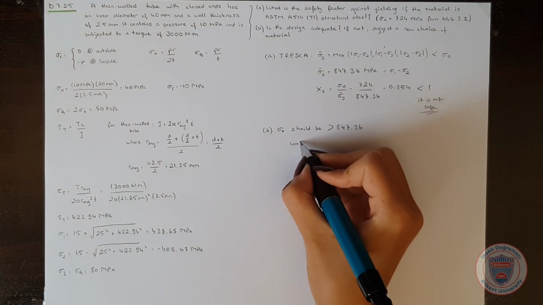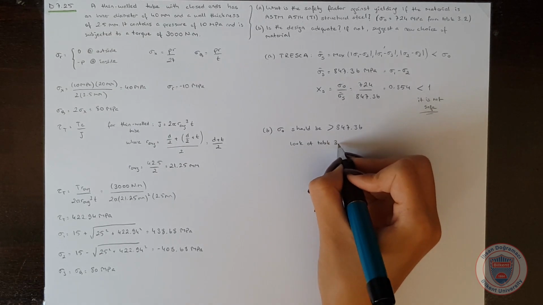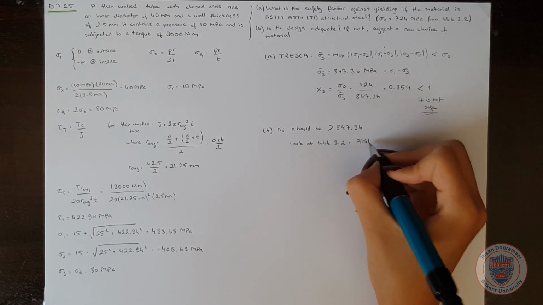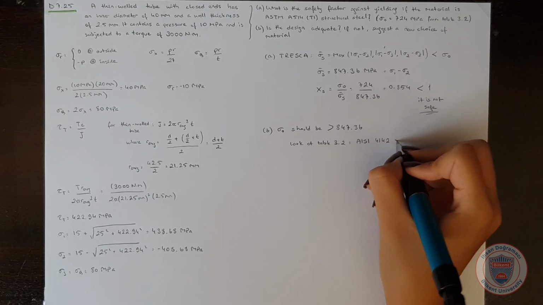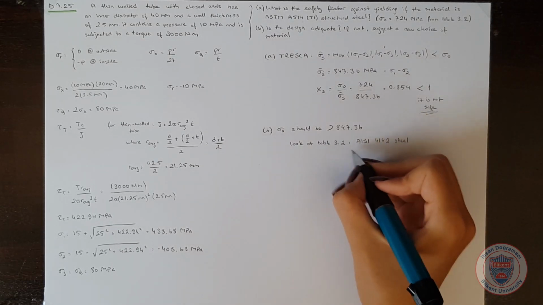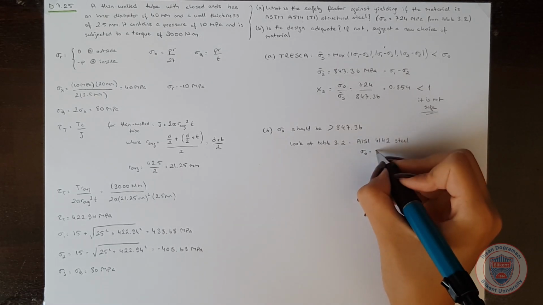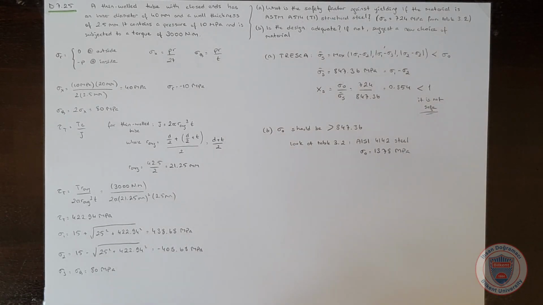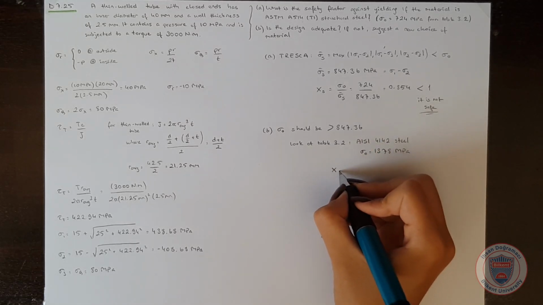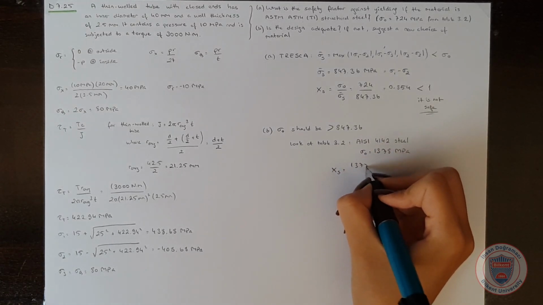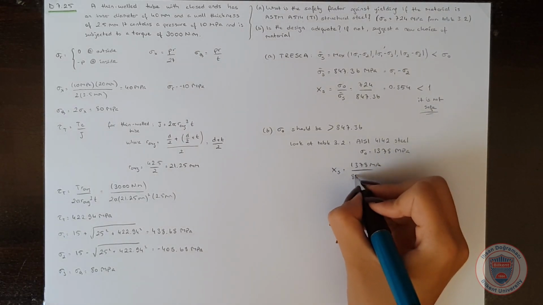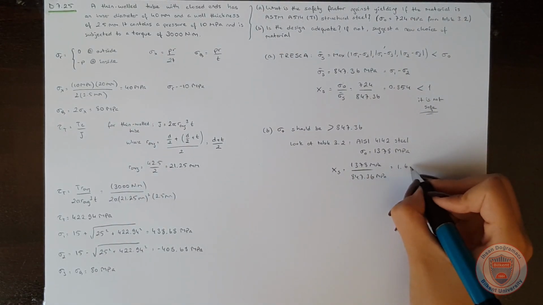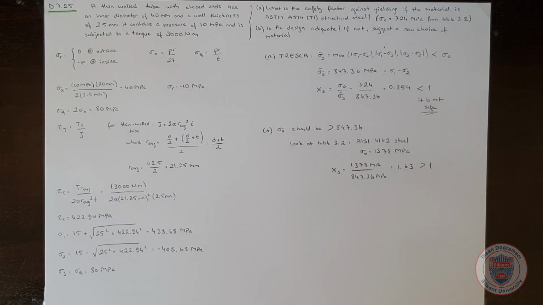When we look at table 3.2, we see that AISI 4142 steel has the yield strength equal to 1378 MPa, and it will give a safety factor of 1.63, which is larger than 1.